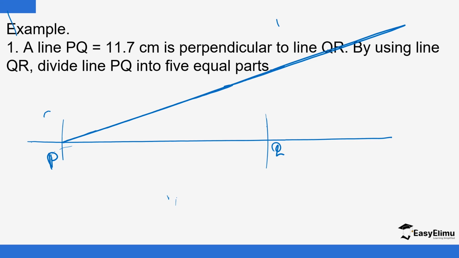So 5 equal parts. So the first one, the second one, third, then fourth, then fifth.